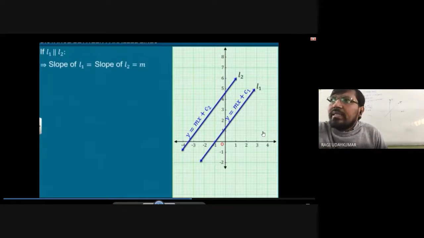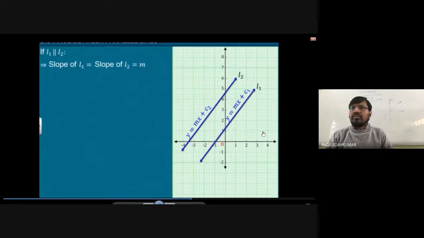Can anyone say at what point the line L1 is intersecting the y-axis? Where is the line L1 intersecting the y-axis? At what point?